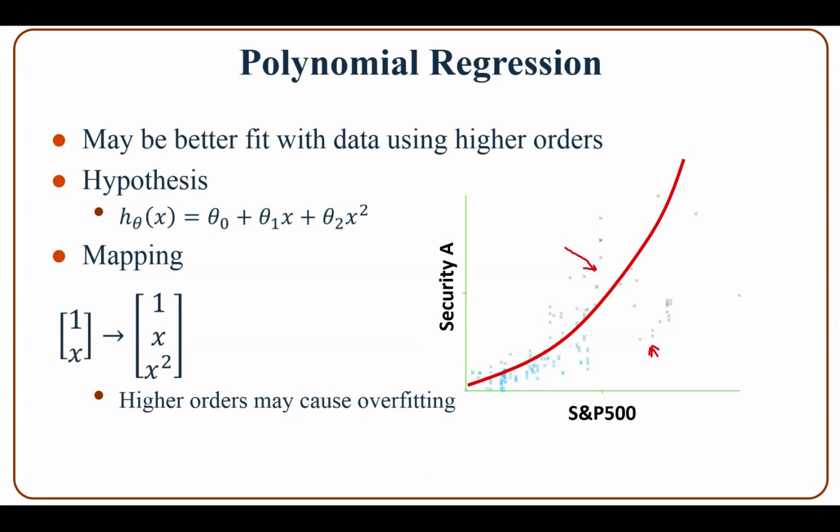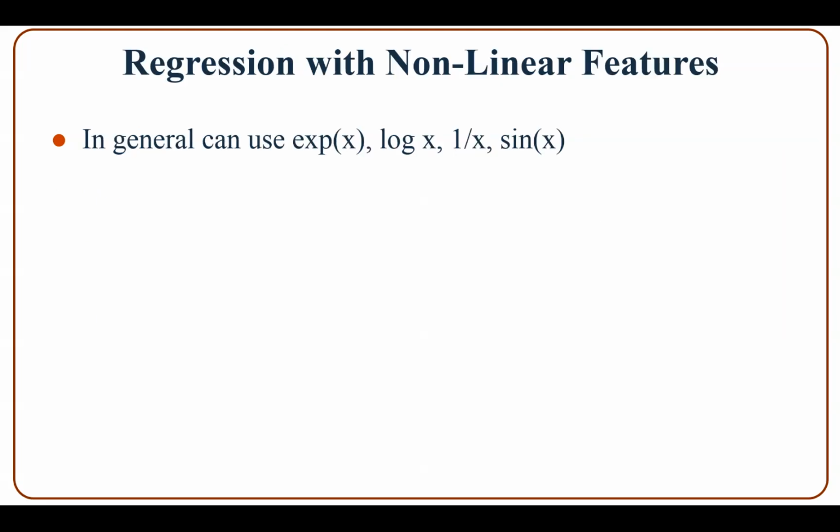So in this case, from this feature vector, we map to a higher order, and we have to be very careful that very high orders lead to what we call overfitting. And in general, we can use any functions such as exponential, log, inverse, and sine.